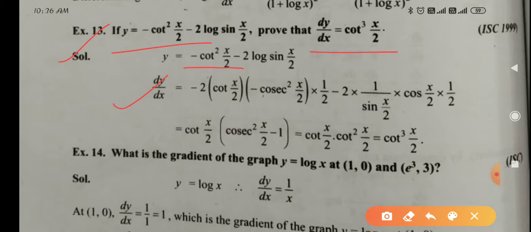X square differentiation is 2x, you know. So 2 into cot x by 2, because x you are taking cot x by 2, so minus 2 cot x by 2.